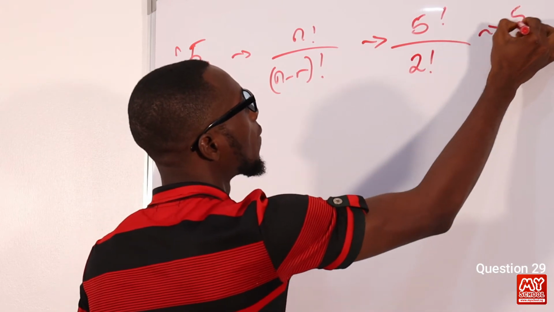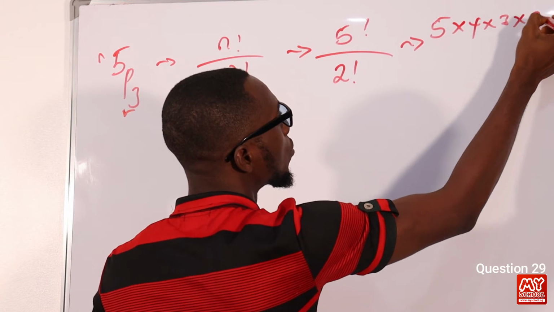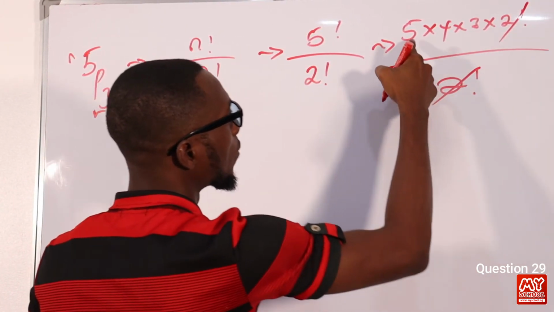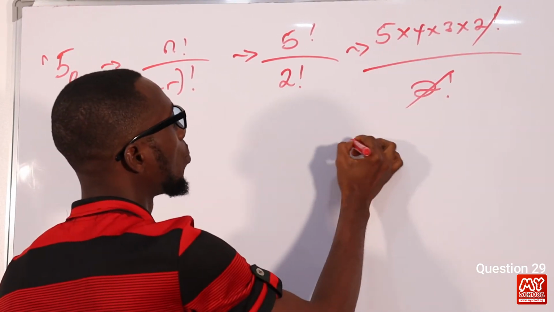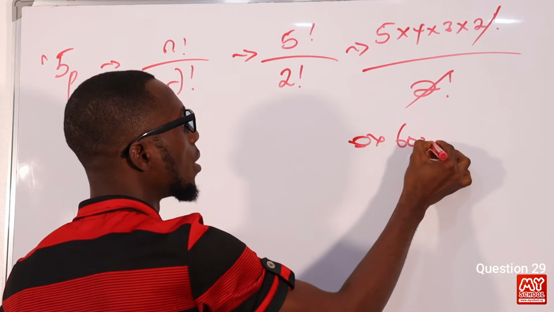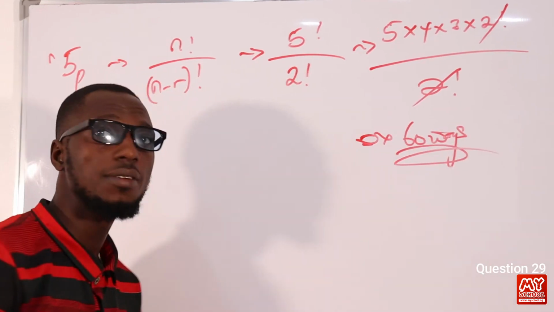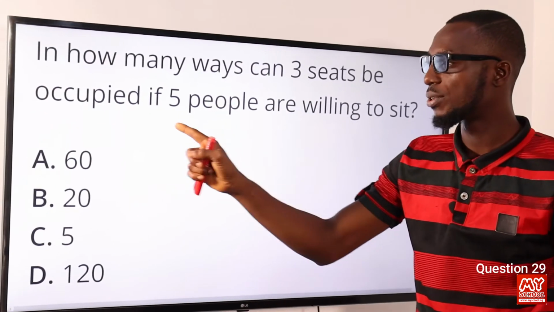So I have 5 factorial as 5 times 4 times 3 times 2 factorial, since I have 2 factorial here, so this is out. 5 times 4, that is 20, times 3, that is 60. So we are talking about 60 ways. So let's count through the options provided and see if we can find 60. We find that in option A. So option A is the option we are looking for.